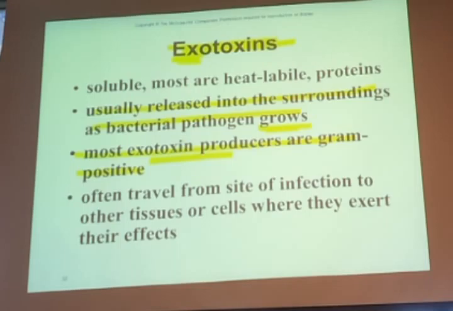It doesn't mean that a gram-negative organism doesn't ever produce an exotoxin or exoenzyme, but it's just more likely to be gram-positive. It says they often travel from the site of infection to other tissues or cells where they exert their effects. That's because exotoxins are very, very specific.